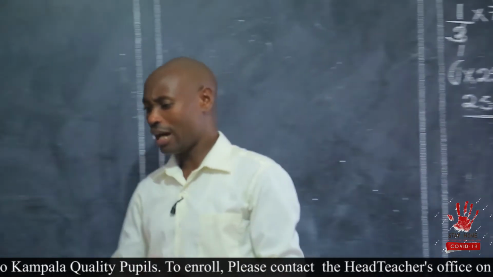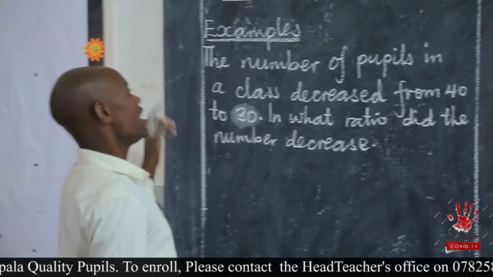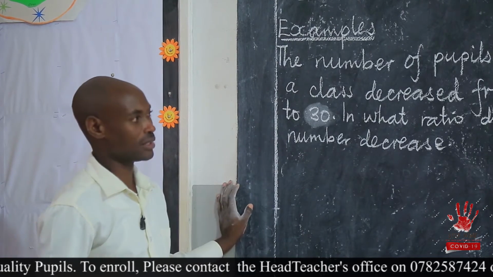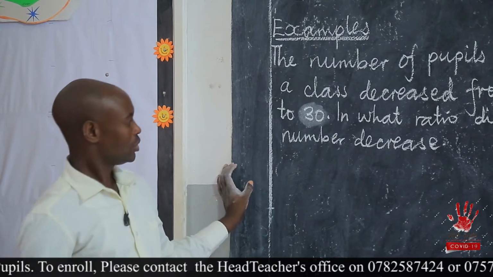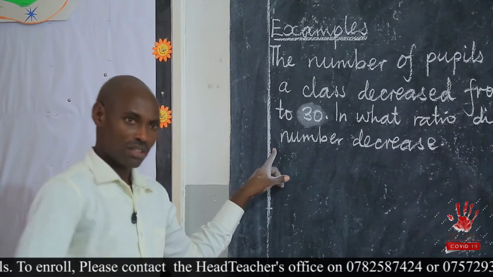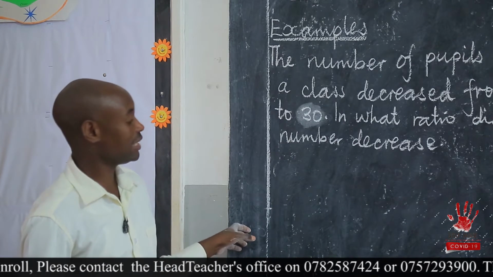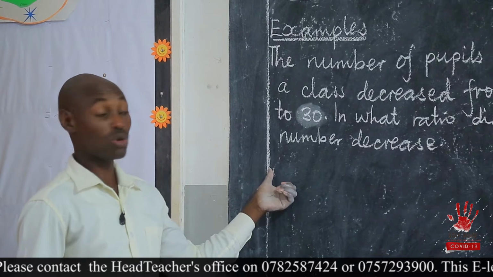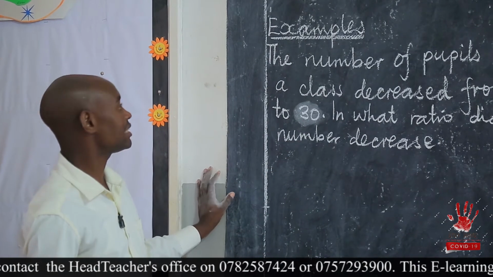So in our today's lesson, we are going to find the ratio of decrease or increase. Okay? I am going to give you the number which was increased or decreased to get a new number, and I will ask you to find the ratio which was used to increase or decrease a certain number.